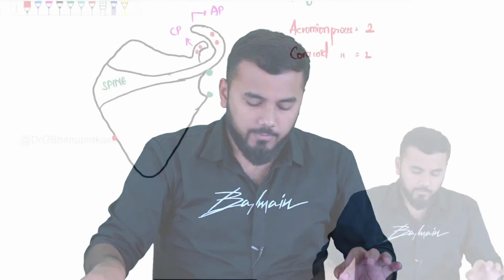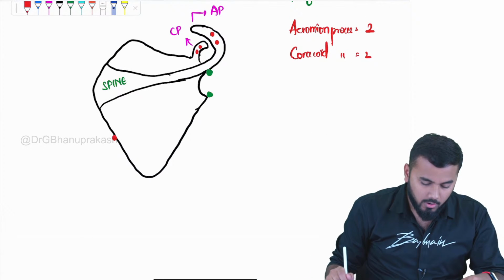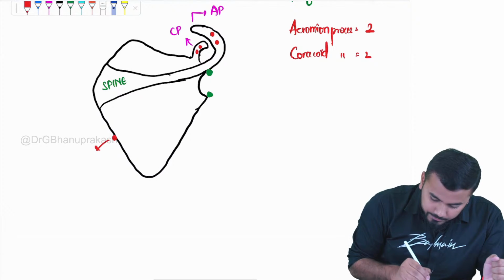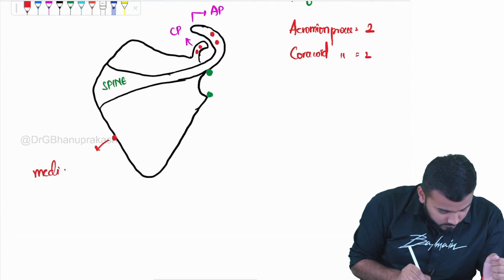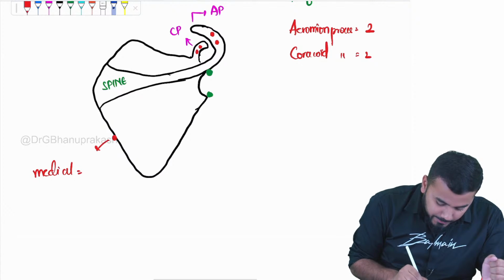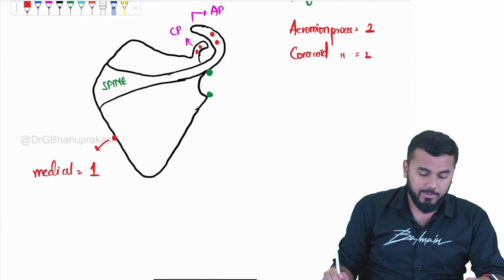Now you tell me what will this be? Medial, inferior or lateral? This will be the medial side. Excellent, Birappa, Benedict, perfect. Medial side. How many ossification centers do I have? Only one ossification center in the medial side.